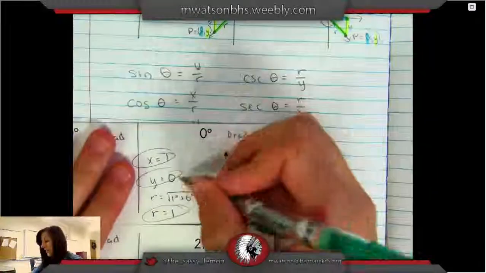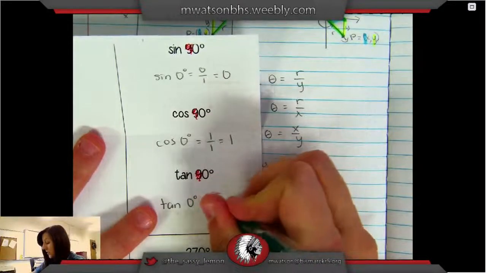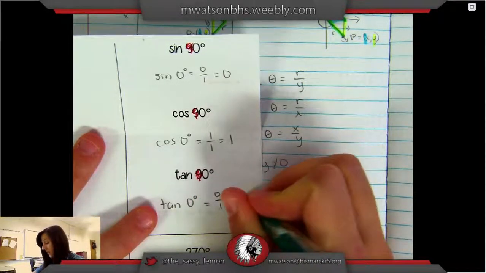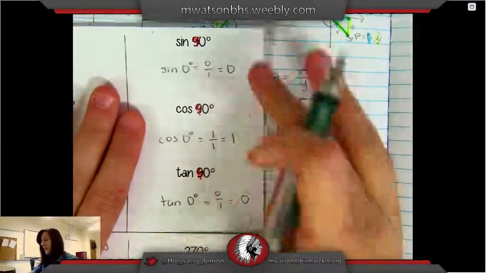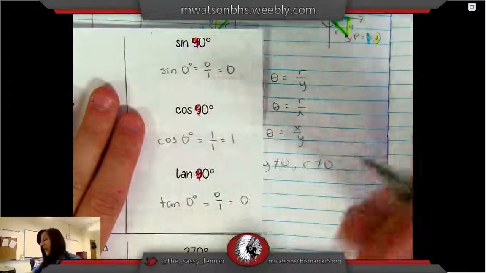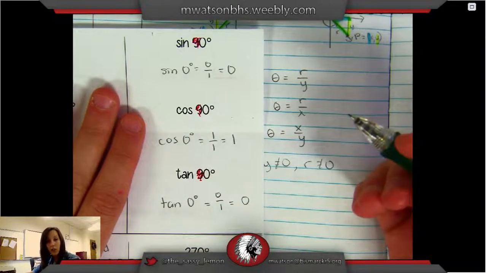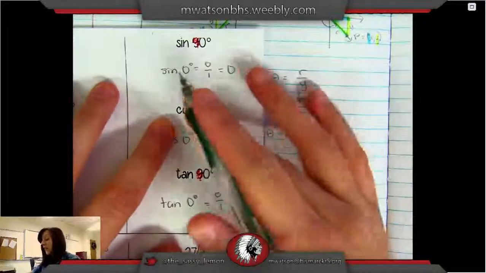So we're going to have 0 over 1, which means tangent of 0 equals 0. Okay, so these are some facts that we need to memorize. They're going to be very useful to us because they're going to pop up in calculations that we do. So we will want to know that cosine of 0 equals 1, whereas sine of 0 equals 0.